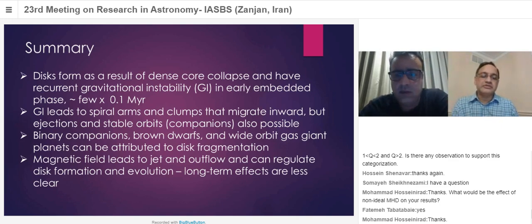So you need to accumulate at least 10 Jupiter masses, so I think there is some correlation with how massive the disk is, certainly, and whether it can form clumps.